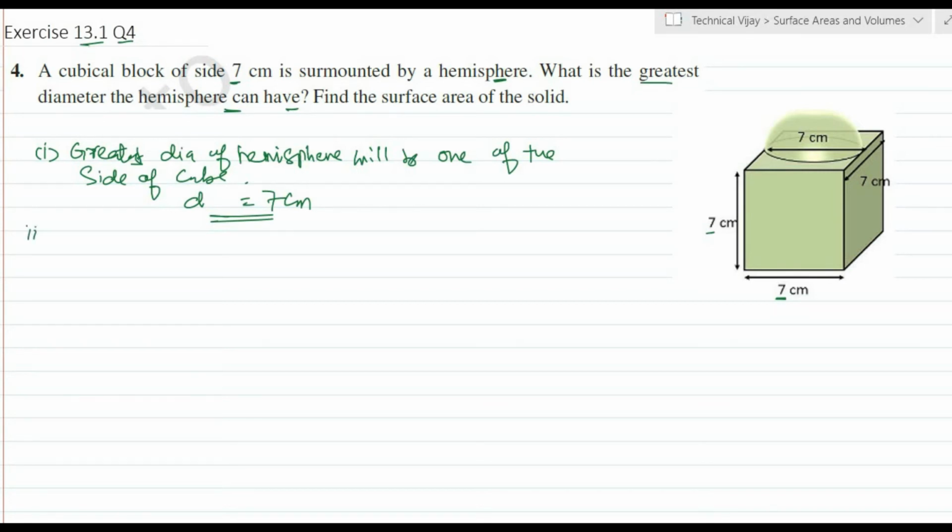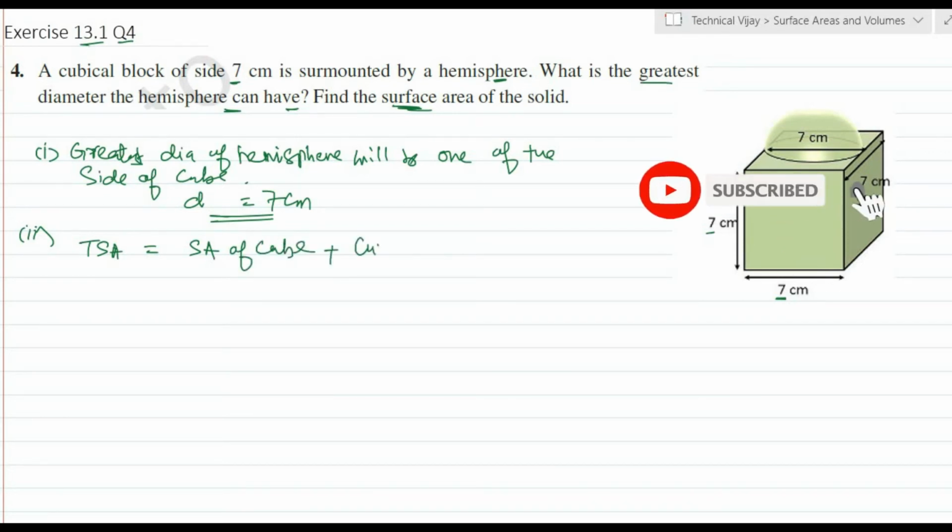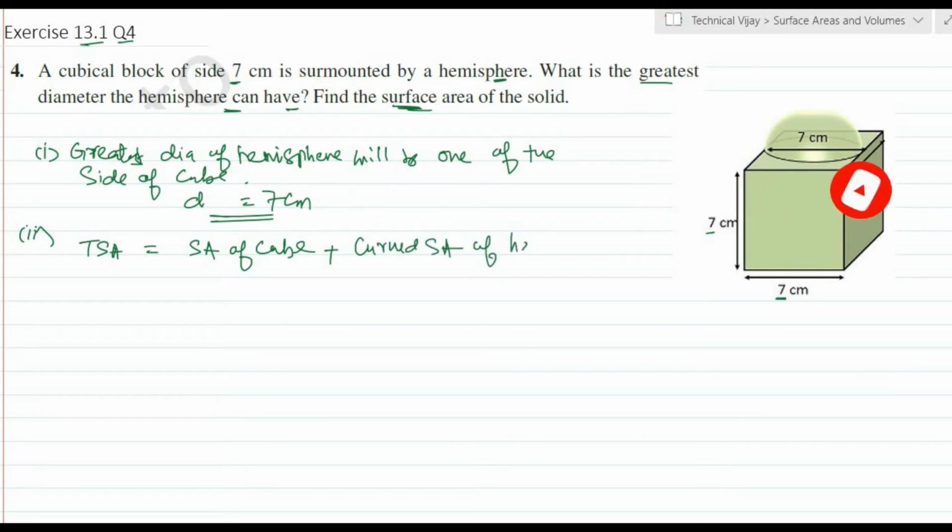Now the second portion is there. Find the surface area of this total solid. So the total external surface area we have to find out. The total surface area is given by the surface area of the cube plus the curved surface area of the hemisphere. We have to subtract something.